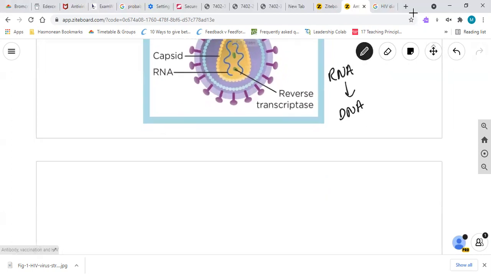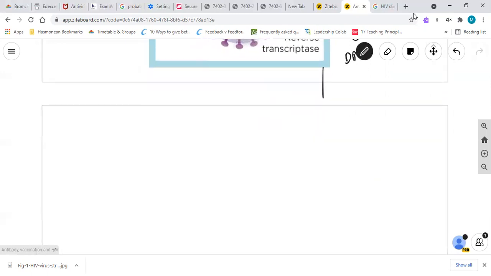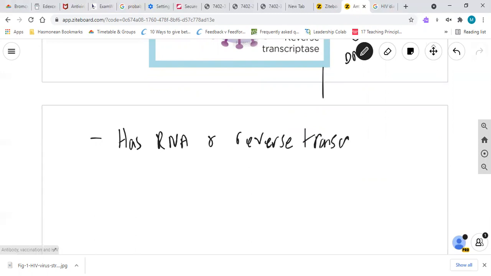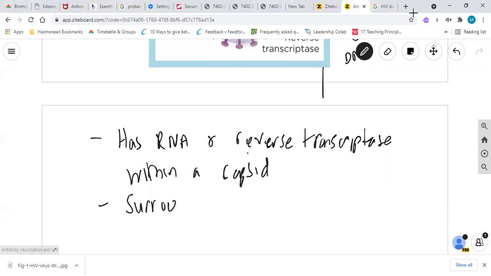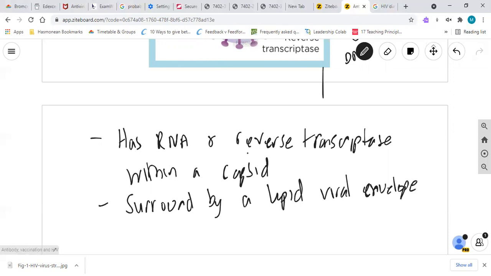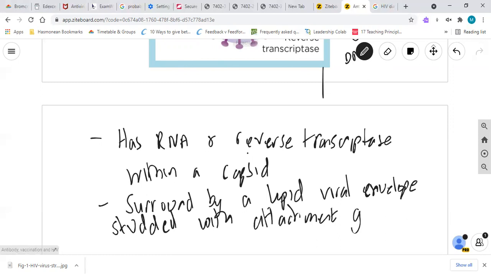So if you're asked to describe an HIV, you would start literally by saying that it has RNA and reverse transcriptase within a capsid, and then it's surrounded by a lipid envelope, lipid viral envelope, studded with attachment glycoproteins.